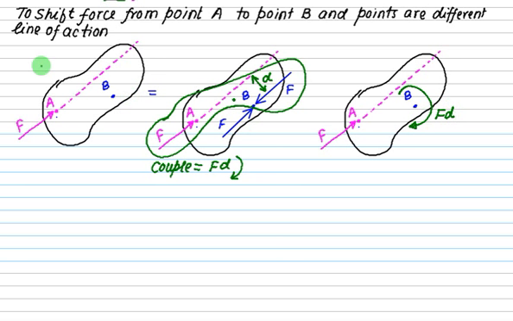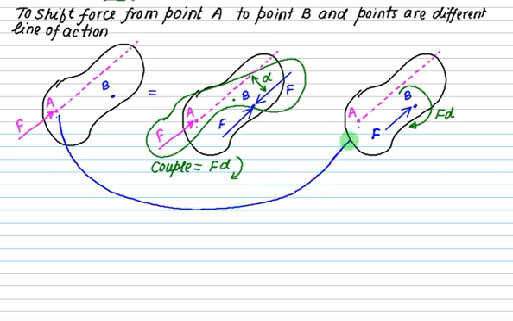What is left is the one force which was acting at point B. Now this force F and this force F are replaced by one couple, and the couple sense is clockwise. The magnitude of the couple is Fd, and the magnitude of this force remains the same. So what we have done is that we have successfully shifted the force from point A to point B. Is that correct?